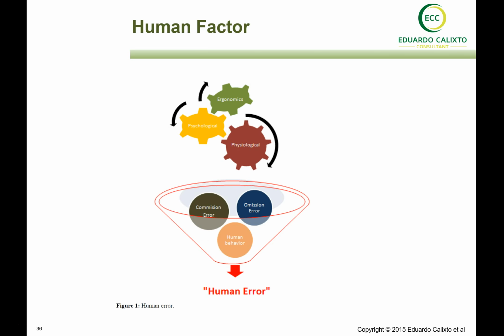So the first one is human factor. The main objective is to assess what's the effect of human error on safety. Human error can affect safety by wrong maintenance, wrong installation, or even wrong design, wrong operation. And these human errors are triggered in the beginning by some combination of human performance factors, or ergonomic, psychological factors, physical conditions that will induce omission or commission error, and based on human behavior that is defined by the task that such employees are doing, they can have a human error.